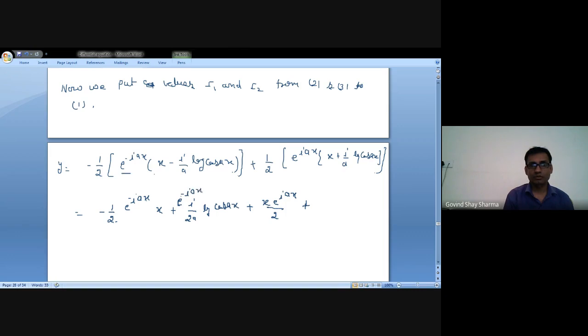This is multiplied by 1. And this becomes iota equal to iota a upon 2a plus 1.